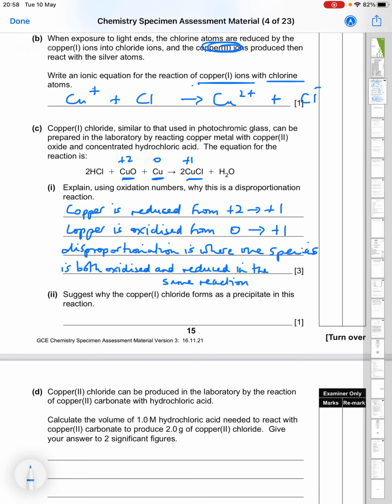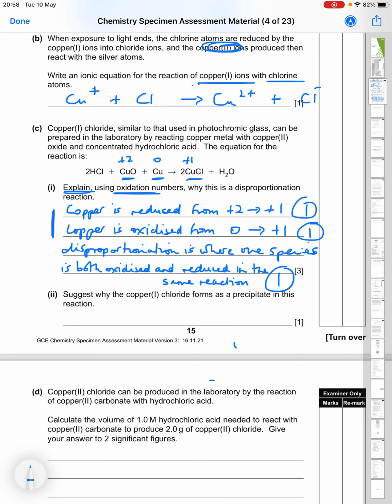So in terms of where the marks are coming from there, 1 for talking about the reduction, 1 for the oxidation, and then 1 for what disproportionation actually is. So that's your explaining using the oxidation numbers. So you're illustrating with the oxidation numbers in the first 2 points.